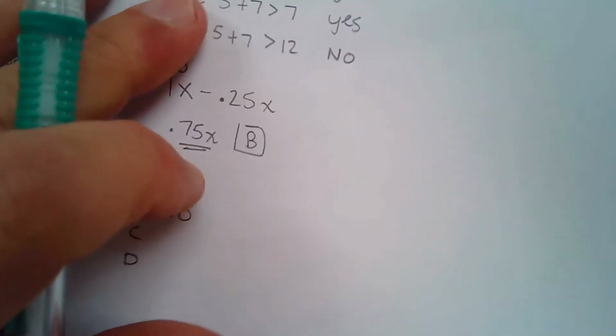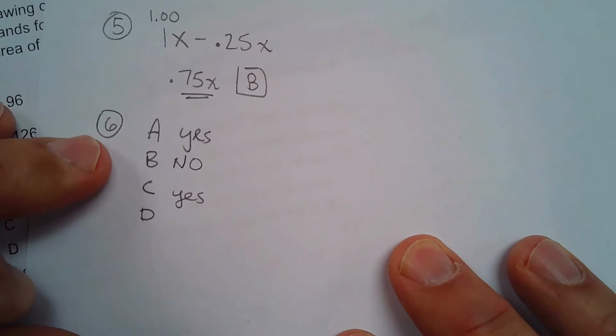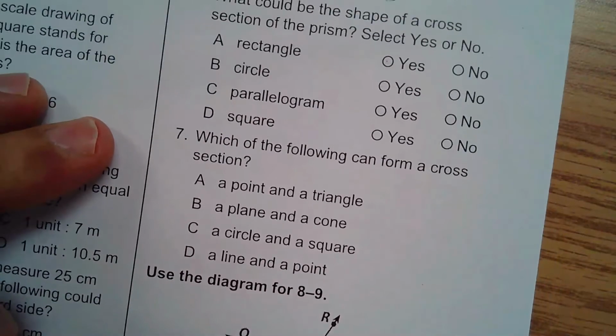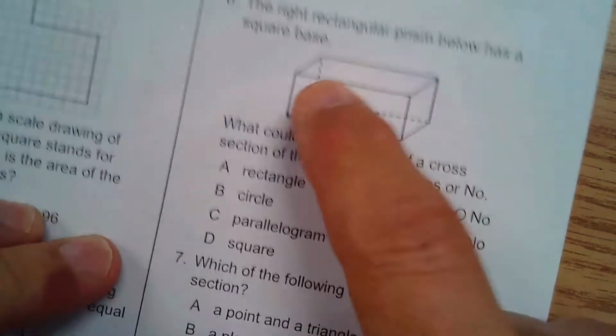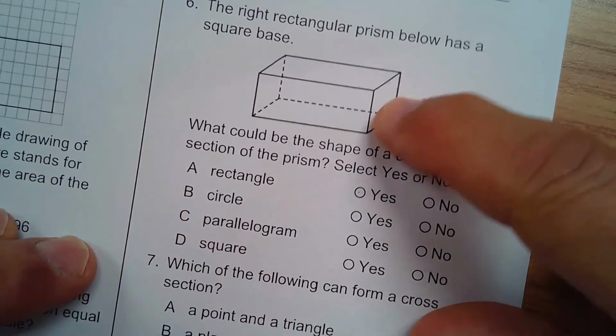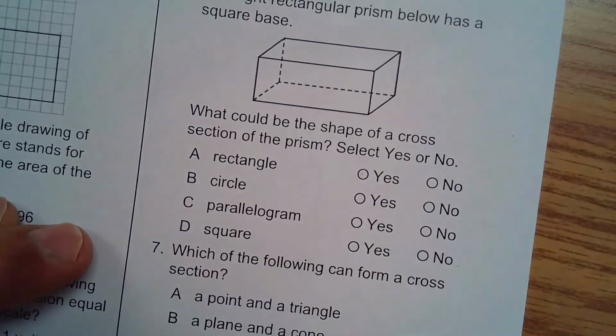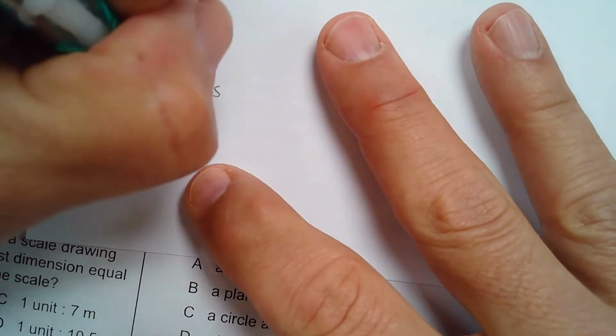So C is yes. And for D, a square. Yeah, there's a square. It has a square base. And if you go vertically, D would be yes.